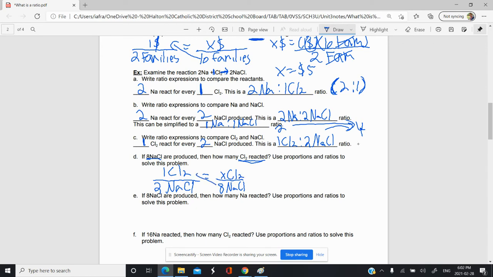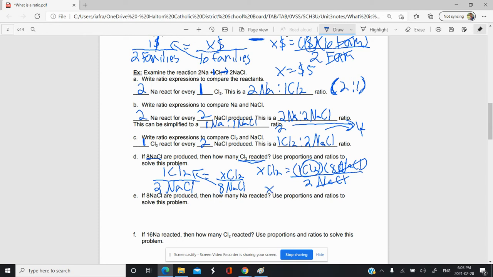And so we can cross multiply. We get that the number of Cl2 is equal to the 1 Cl2 in the original ratio times 8 NaCl over 2 NaCl. NaCl will cancel out because you have one numerator, one denominator, and you're left with Cl2.